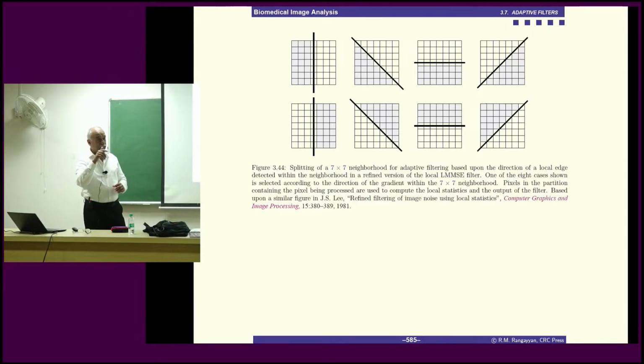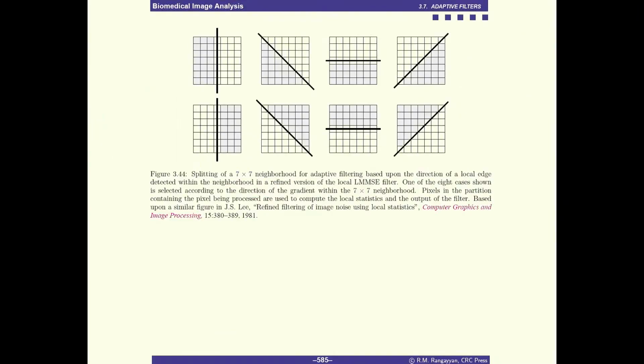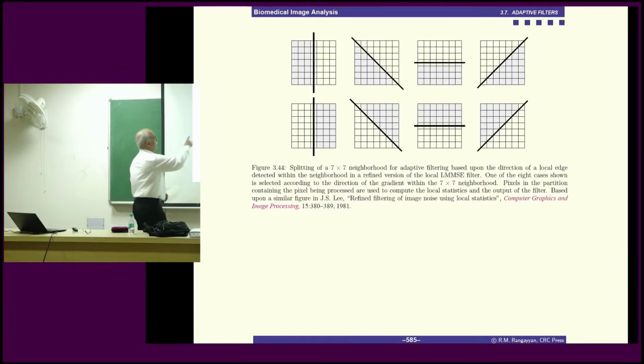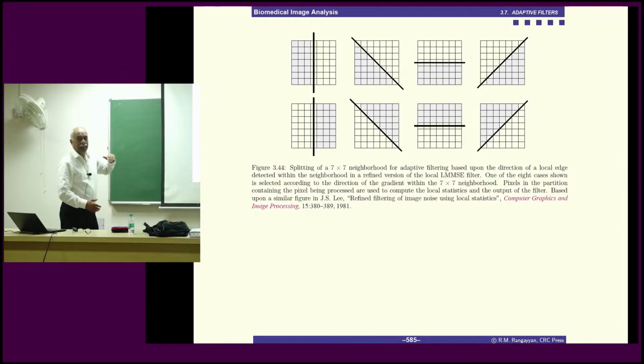So you have to estimate the presence of an edge and its orientation by using gradient operators, which you can do, of course. And then the window of some size, here we have assumed it to be square so we can show the split. You use statistics from the side where your pixel is sitting, or an appropriate size, or part of it.